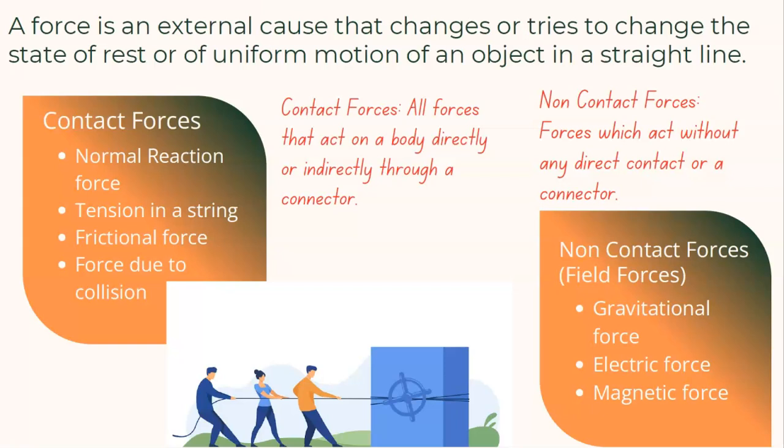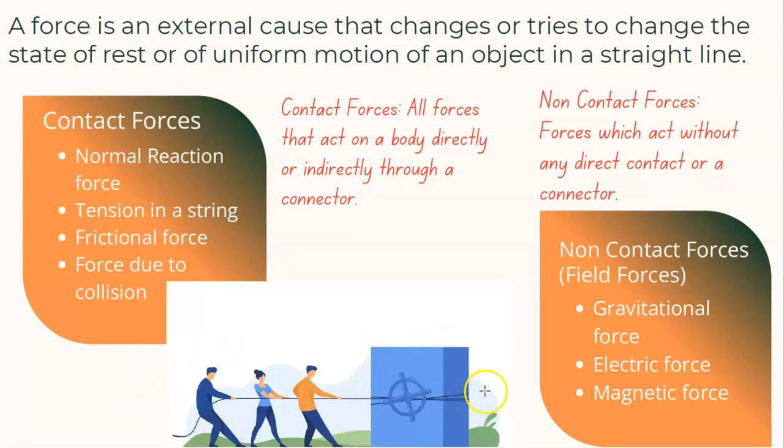Remember, we are talking about motion in a straight line in ninth grade. Forces are of two kinds, contact forces and non-contact forces. Contact forces. All the forces that act on a body directly or indirectly through a connector are known as contact forces. For example, somebody wants to pull this box.